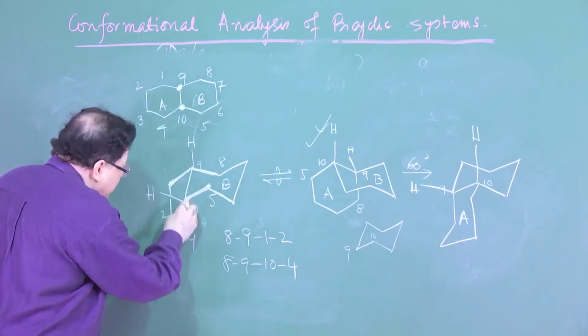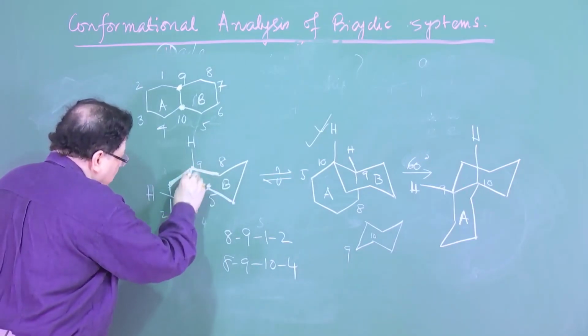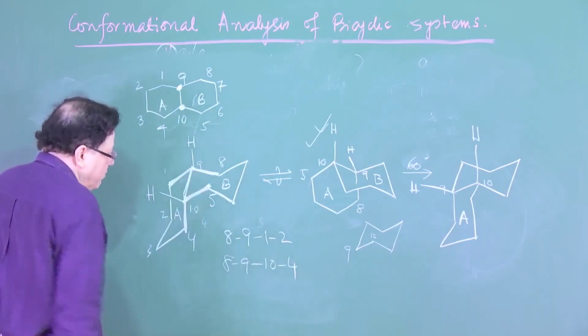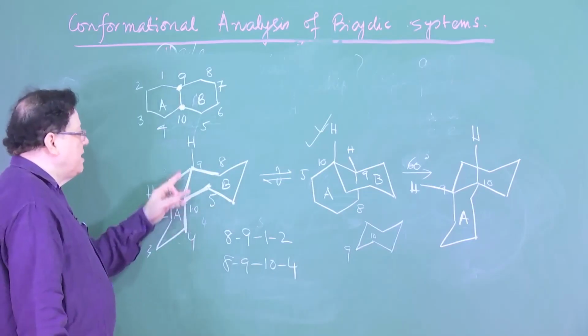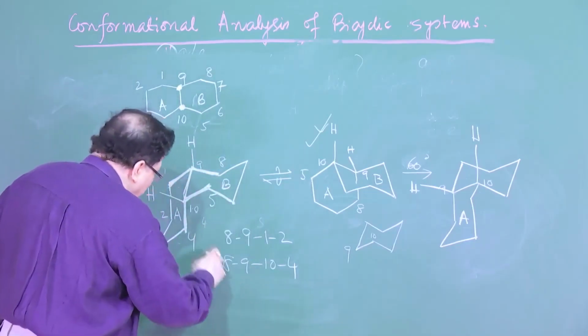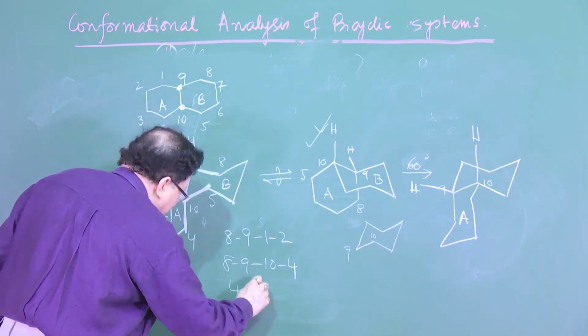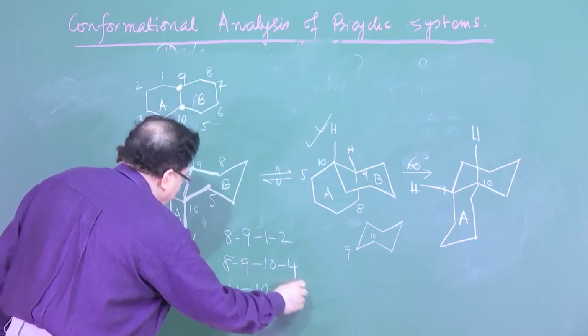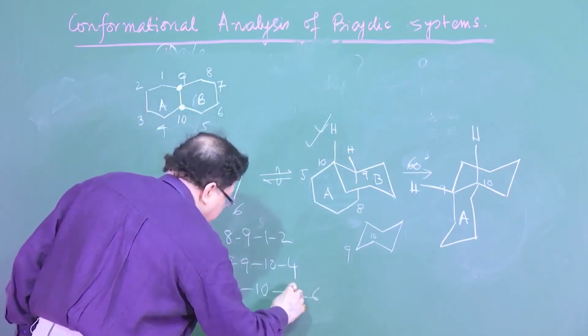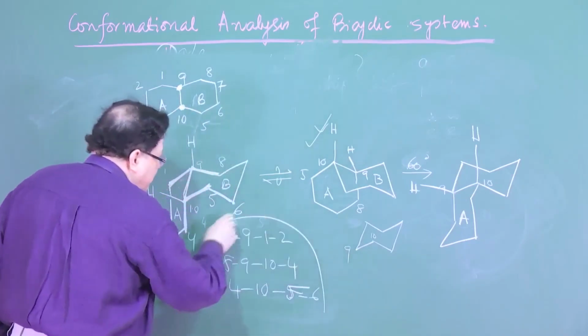However, one we have already written, that is the common one, 8, 9, 10, 4. From this direction it is 4, 10, 9, 8, the same. So, finally we have only one more, 4, 10, 5 and 3, 4, 6, 5, 6. So, these are the 3.